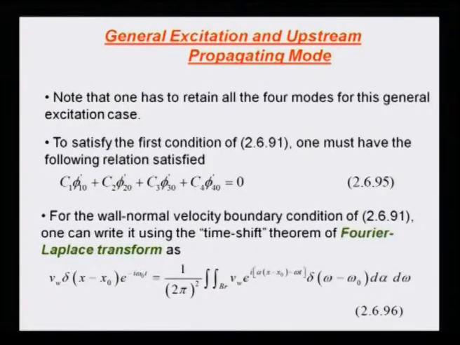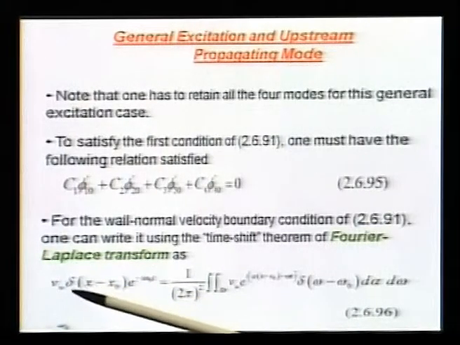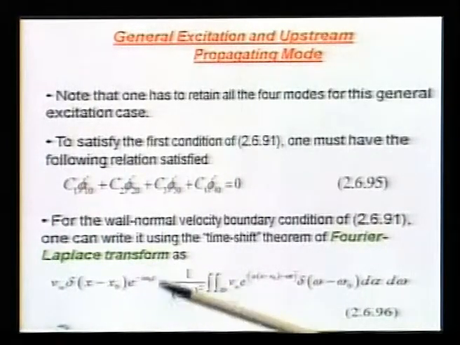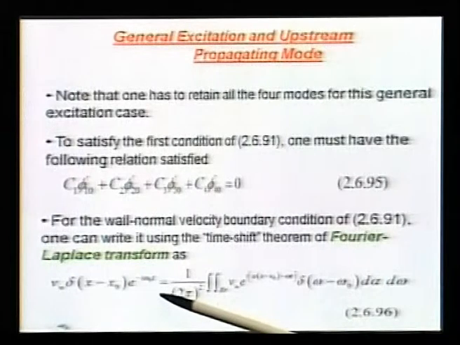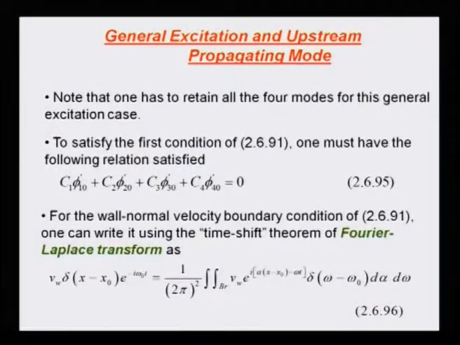At the wall is indicated by additional subscript 0, right. Now, we have seen that we have a wall exciter. The wall exciter is determined by the magnitude V w. It is located, let us say, at x equal to x naught. It is excited at a frequency omega naught, and then we can write it like this, isn't it? So, once again I am writing it like this, I alpha x minus x naught.